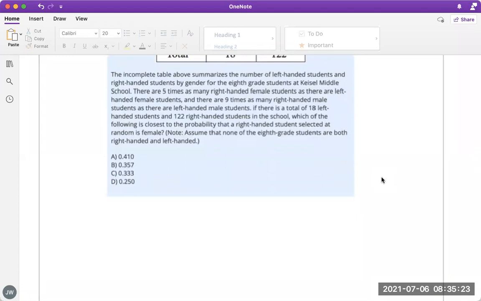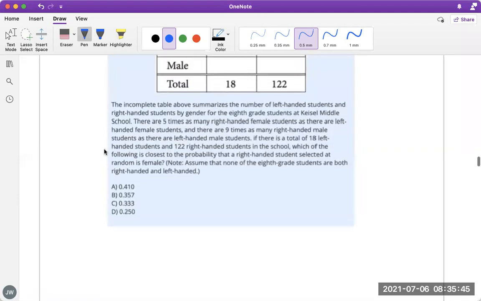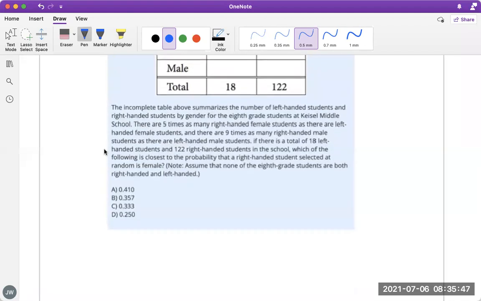So I'm going to get my pen ready. All right, so let's see what we have. X, let's let that be the number of left-handed female students. And we can let Y be the number of left-handed male students. Left-handed female, we said would be X. I'm just going to write it here somewhere. You just have to make sure you know what your variables mean.